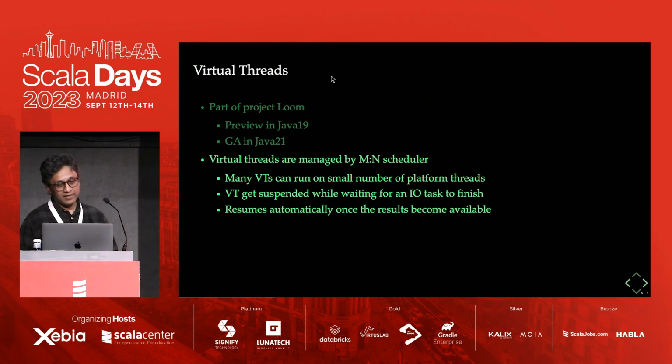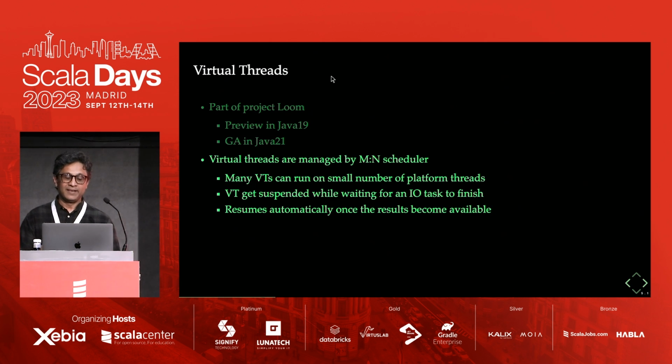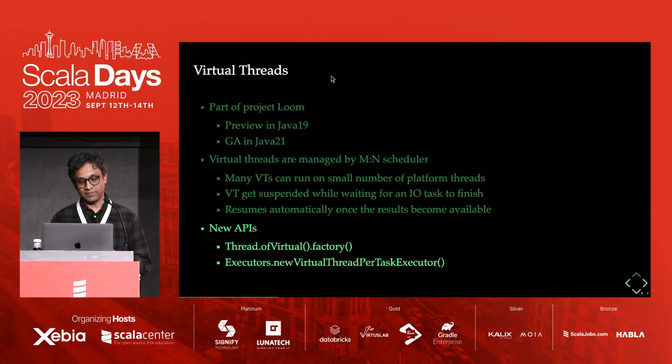They provide an M:N scheduler, which means that a lot of virtual threads can be scheduled on a small number of platform threads. And when you block a virtual thread, then it actually gets suspended. For example, if it's waiting for I/O to return a result, it will get suspended, and once the results are back, it will resume. So that is all taken care of and given by the platform.